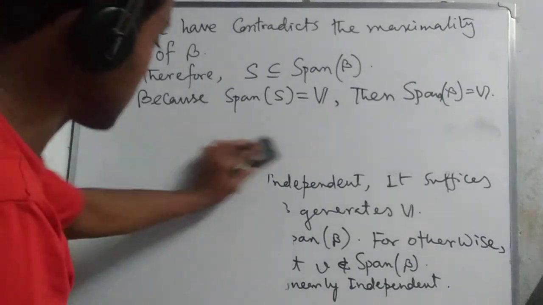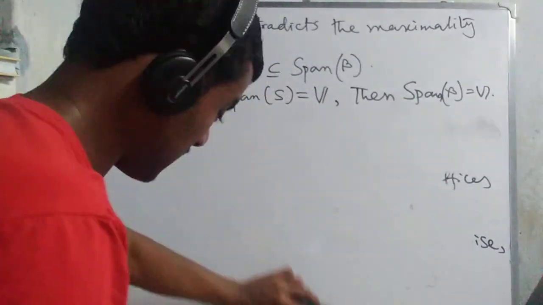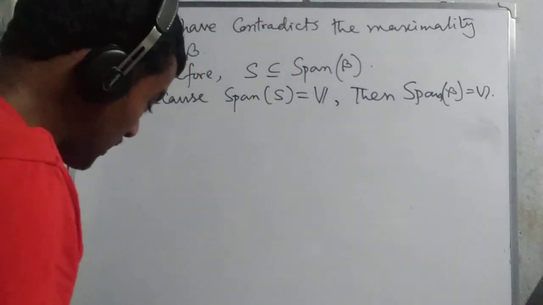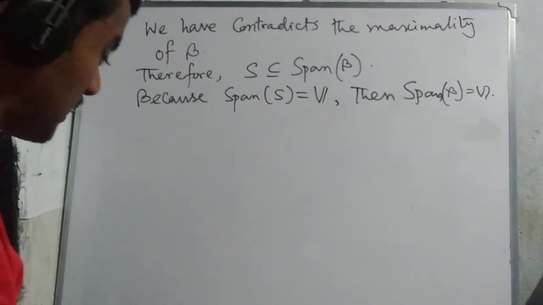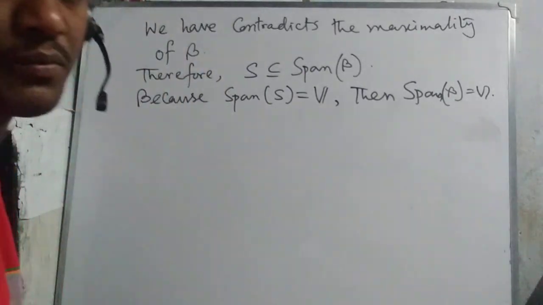Obviously this theorem says that if S is a subset that generates V, and beta is a maximal linearly independent subset of S, then beta is a basis for V.